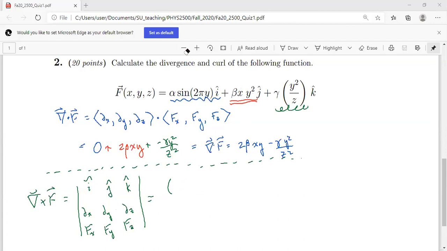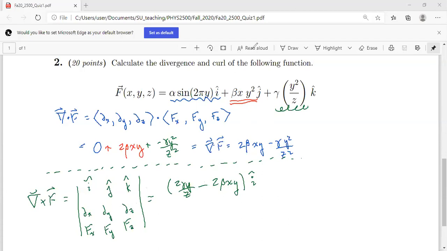Partial y with respect to z. That's 2 gamma y over z. And then minus partial z with respect to y, that's the part I just did. So 2 beta xy. All of that is the i hat part.